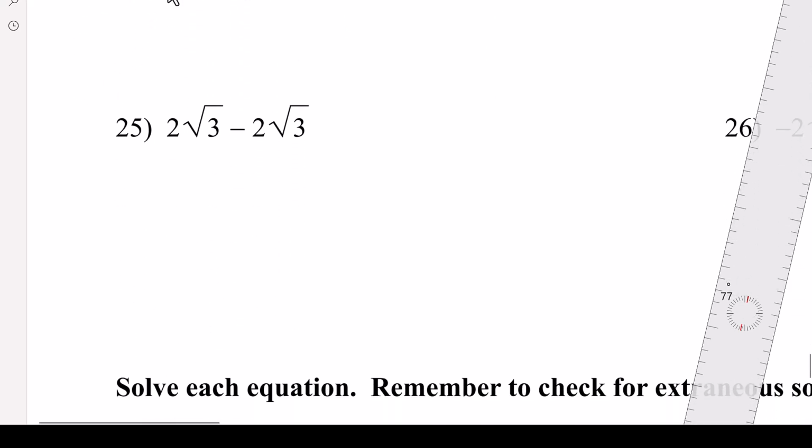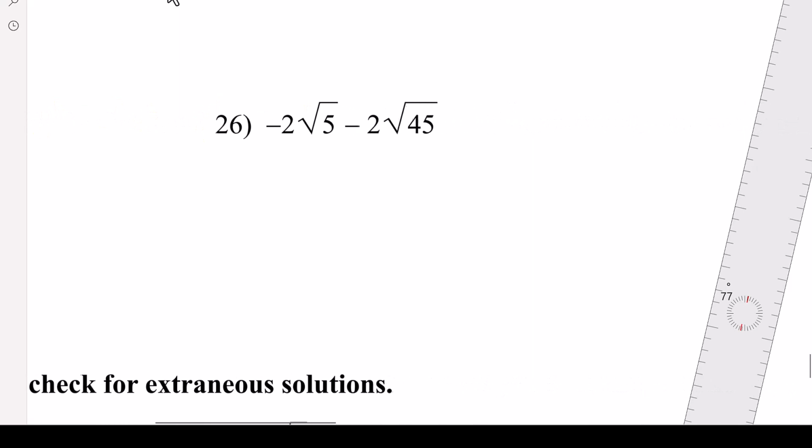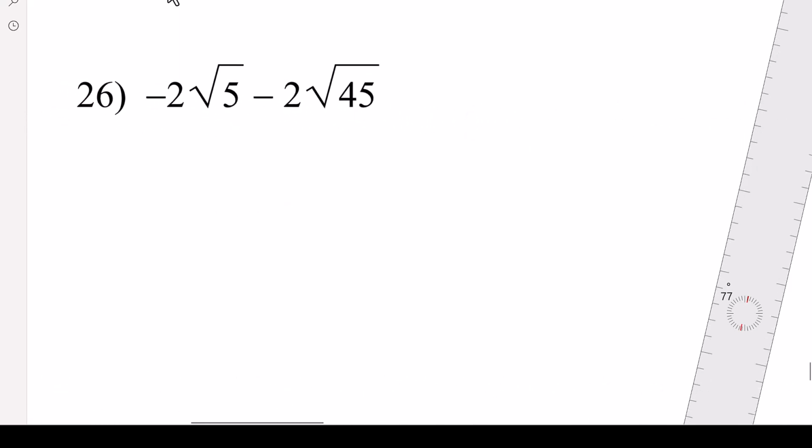All right. You can subtract as long as the radicals are the same, and they are. Well, 2 root 3 subtract 2 root 3 equals 0. These are not the same, so we're going to rewrite this as subtract 2.